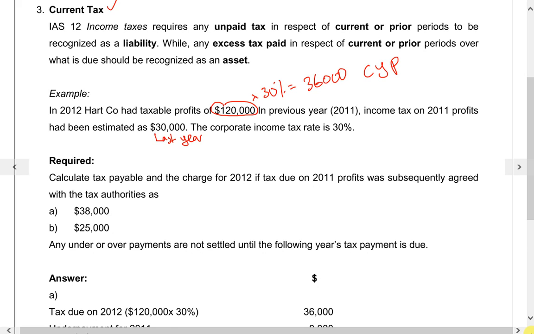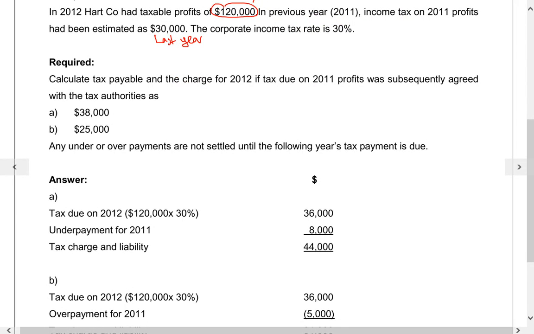And we have to adjust for last year's under provision of 8, plus or minus? There, 36 is current year, and this is under provision, plus. Done. So current year tax will be 44.